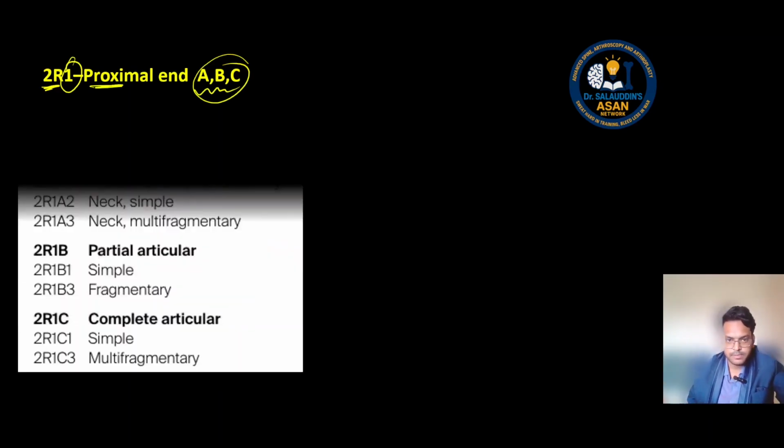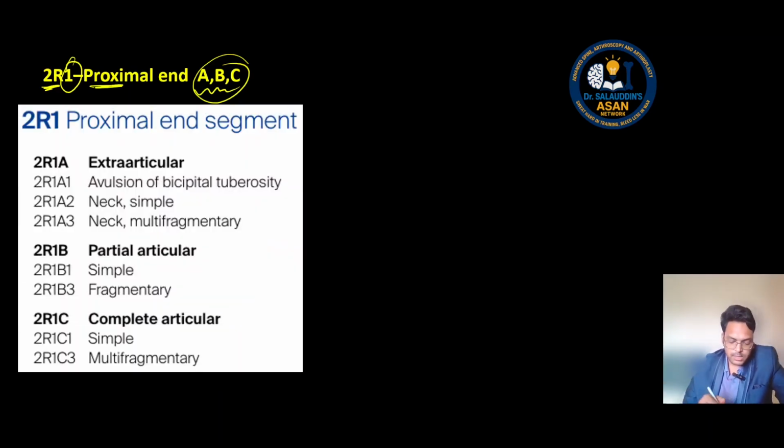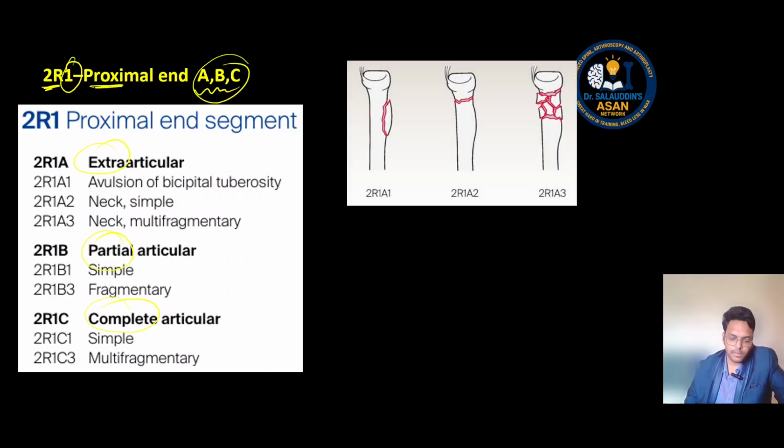The proximal end is again divided into A, B, C. In every bone near a joint, you divide it into extra-articular, partial articular and complete articular fracture. When it is an extra-articular fracture, type 2R1A, A1 is when you have avulsion of the bicipital tuberosity. So this is the bicipital tuberosity. When it is avulsed, it is called A1.